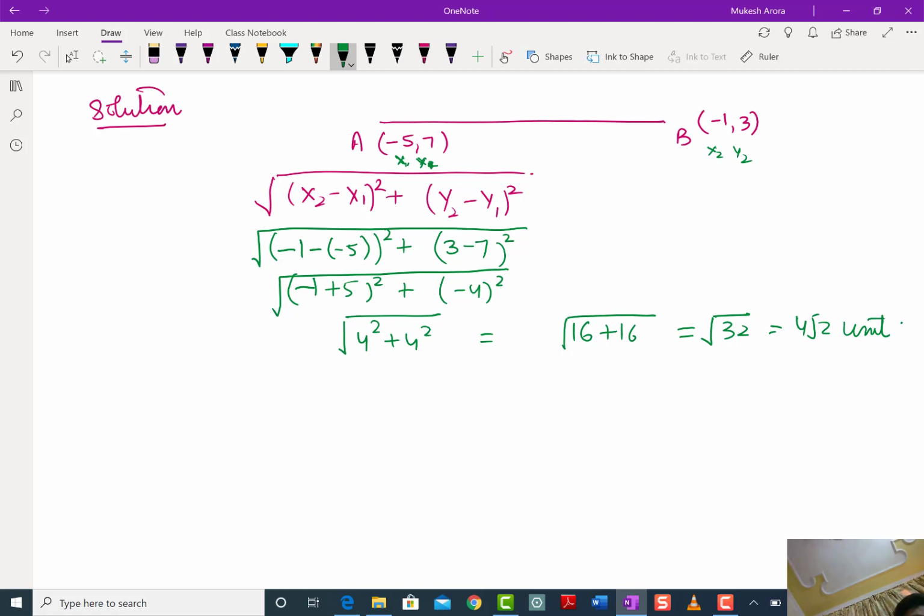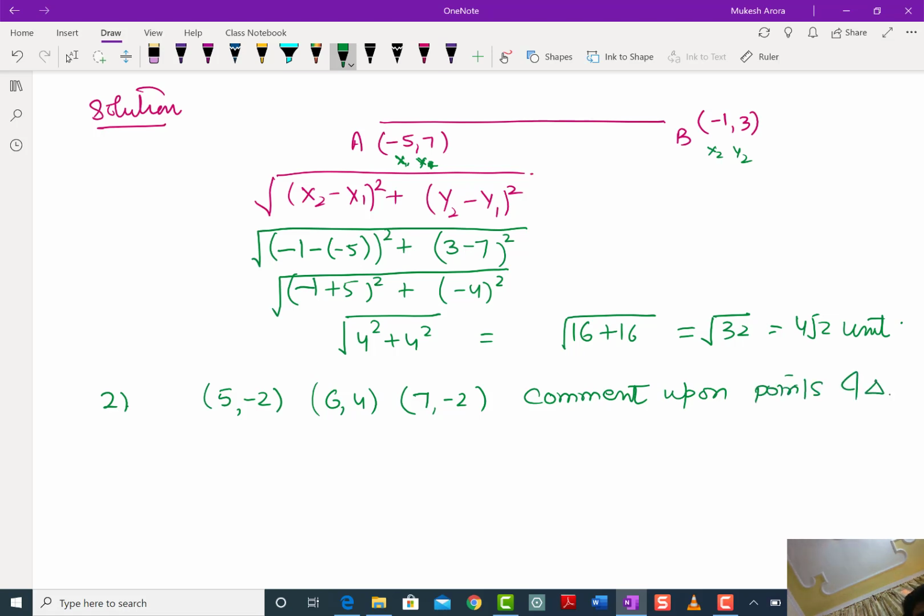decimal. Question number 2: (5, -2), (6, 4), (7, -2). The question is to comment upon the points of the triangle.